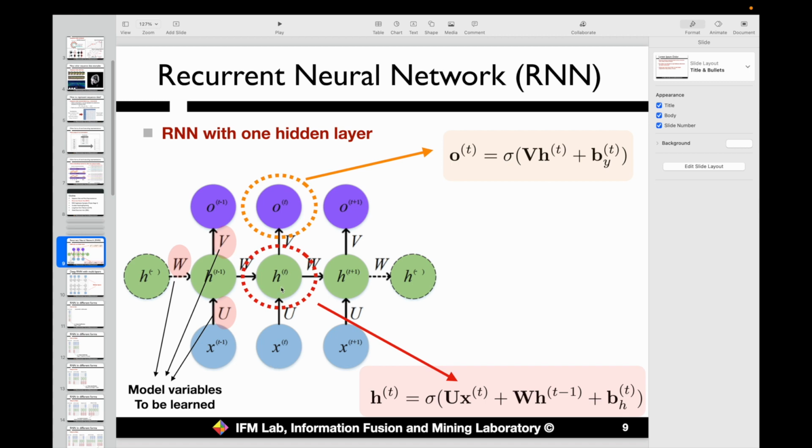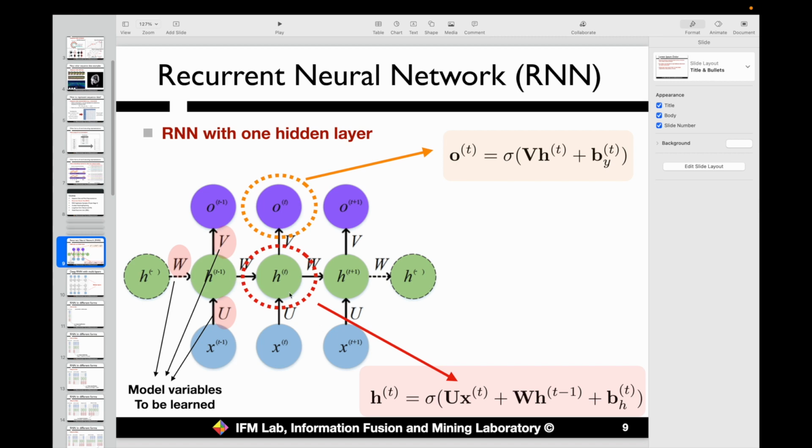As to the representation inside a recurrent neuron, we can take this neuron ht as an example, and we can update its representation, this vector, as the summation of inputs from both sources: the raw inputs as well as the hidden neurons. So for this ht, it receives two inputs, and the inputs are parameterized by different parameters, U for the raw inputs and W for the hidden neuron inputs.